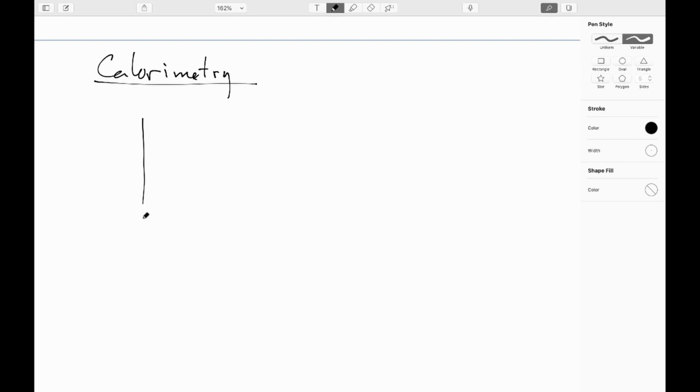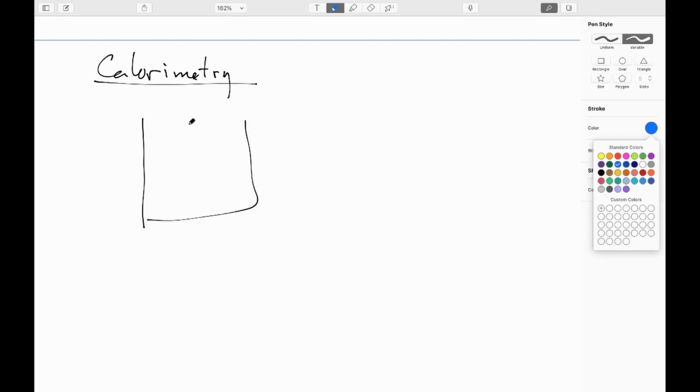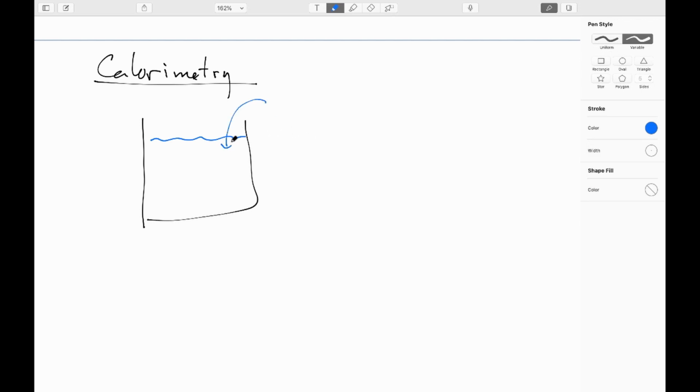So here I'm going to imagine a situation where we've got a beaker of water. Let's say that in this beaker we have 0.09 kilograms of water, and we'll say it's at 80 degrees C. And to that, I am going to add in an ice cube. This ice cube will be 0.010 kilograms, and to make it simple, we'll say it's at 0 degrees C.